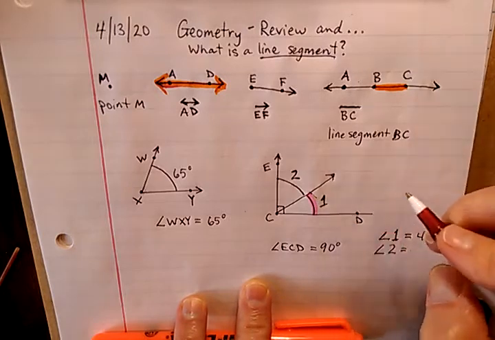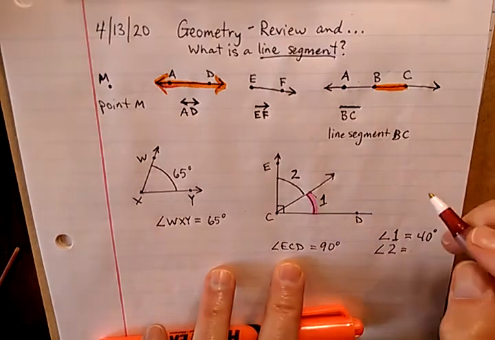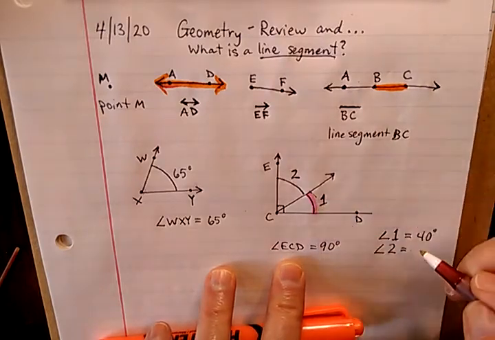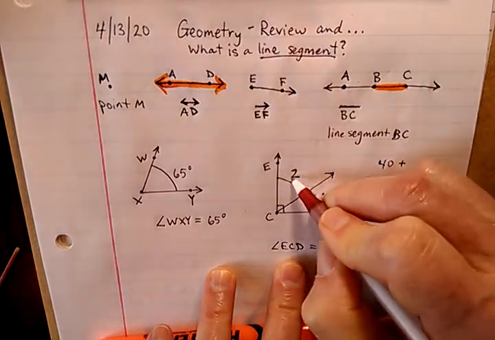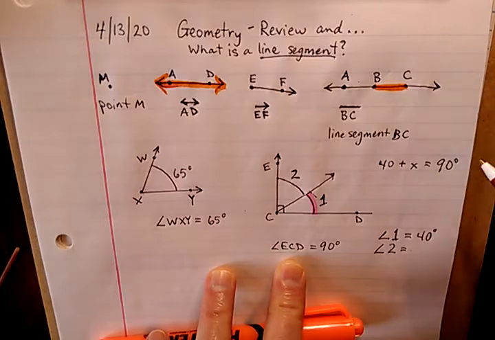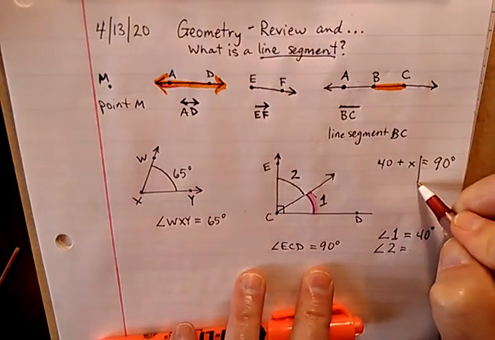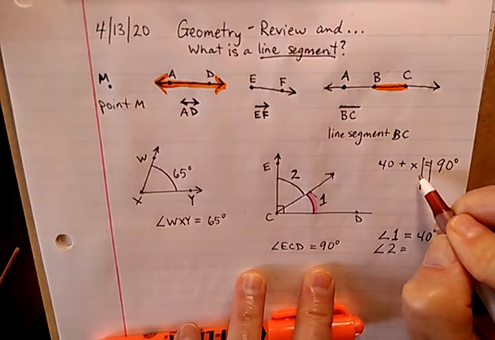So if this part's 40 degrees right here, we could set up an equation and say that the 40-degree angle plus angle 2, we don't know, we'll call that x, equals 90 degrees total. Then we could just solve the equation. So we want x by itself, right?